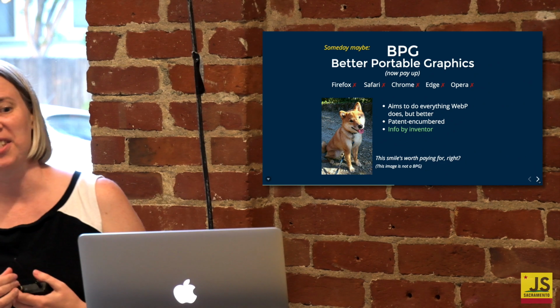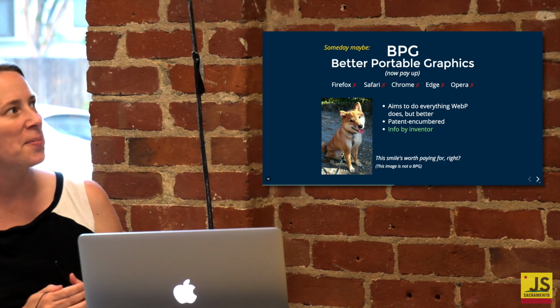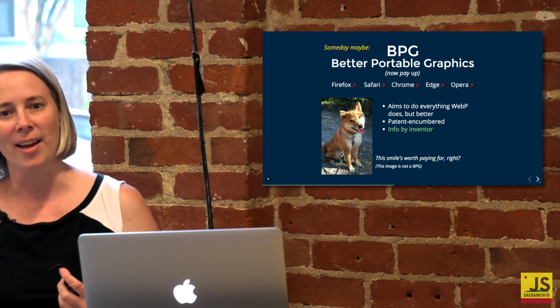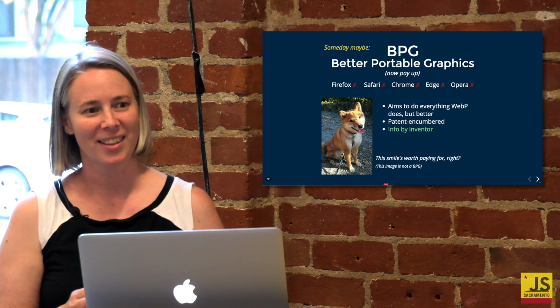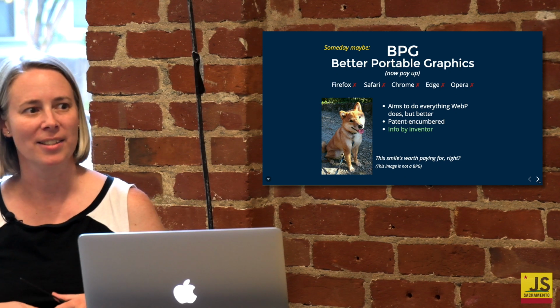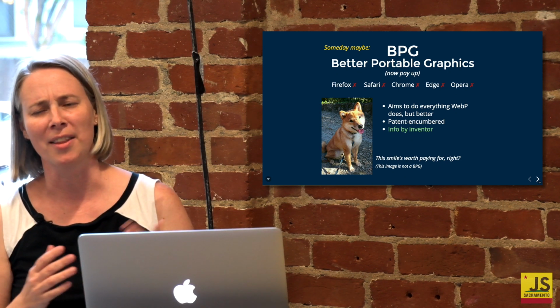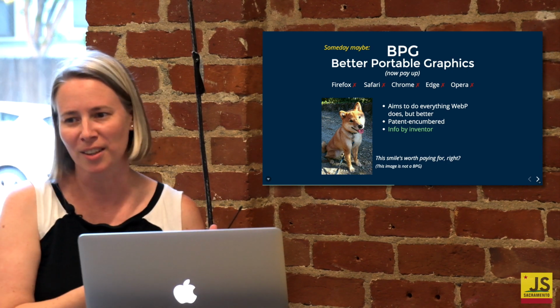Another one that's kind of interesting is BPG, which stands for Better Portable Graphics. Some say that it does all the same things as WebP and even better. However, the downside to it is that it has a patent. And we kind of made a mistake with patents the first time around with GIFs. Those were actually patented, and it ended up being something that browser makers actually had to pay to be able to use GIFs in their browsers.